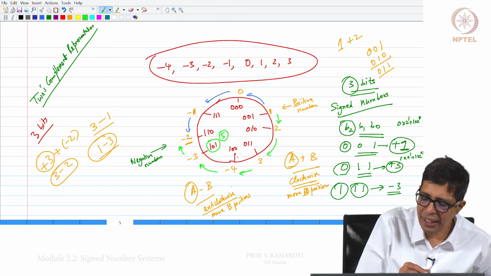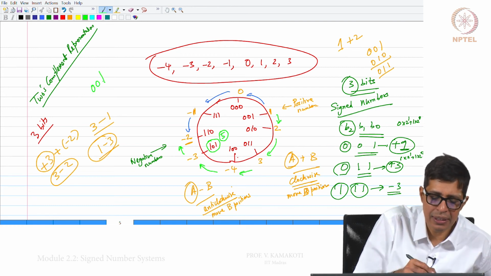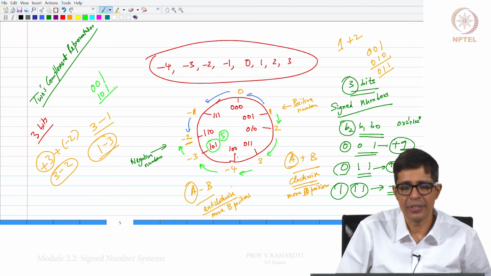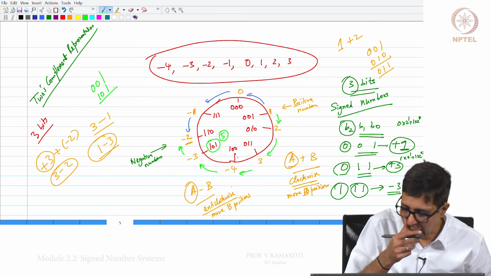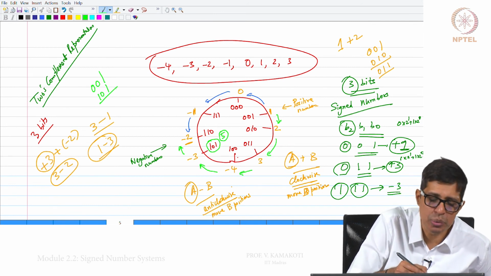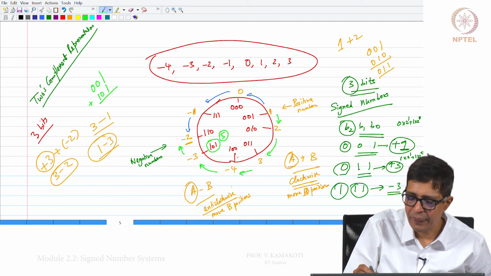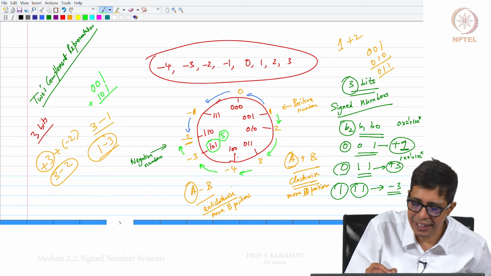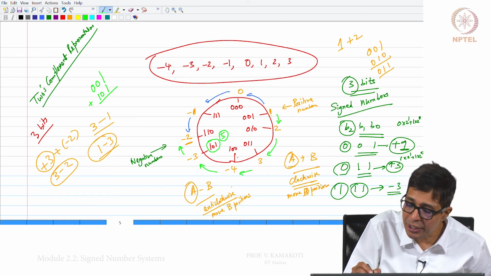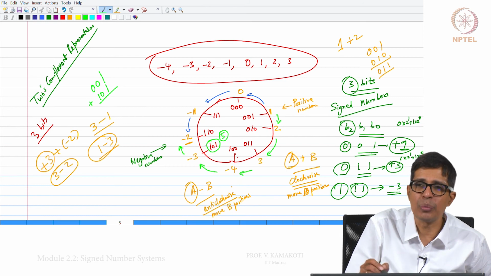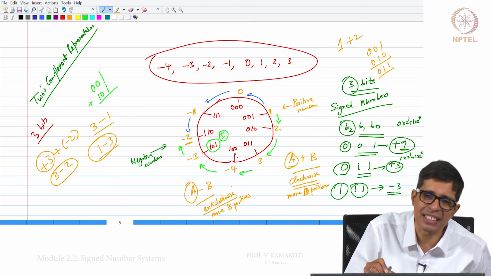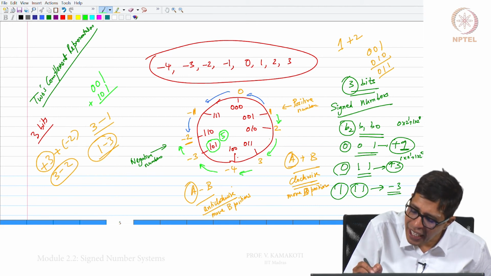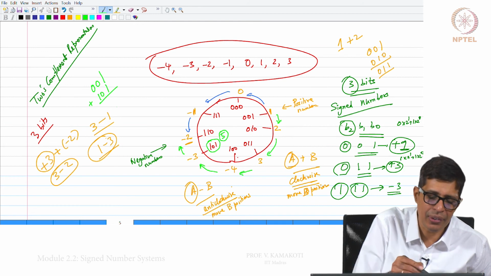So, if 1 is represented as 001 and minus 3 is represented as 101, just add these 2, because from 1 subtracting 3 is moving 3 steps anti-clockwise, that is equivalent to moving 5 steps clockwise. And what is clockwise here? Clockwise means addition. So, instead of subtracting 3, I add 5 here. So, that is what I am trying to do.